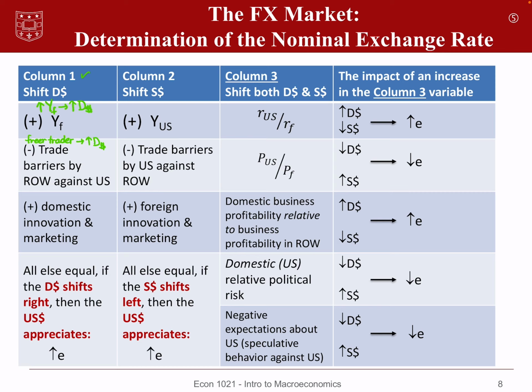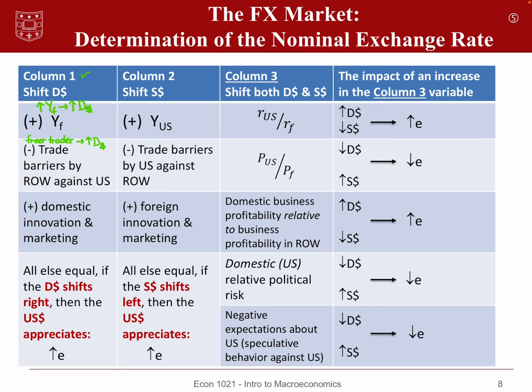And the logic for this would be, suppose Japan has tariffs in place against many of the United States' goods and services. What a tariff is going to do is it imposes a tax effectively on US goods and services, makes them more expensive in Japan.